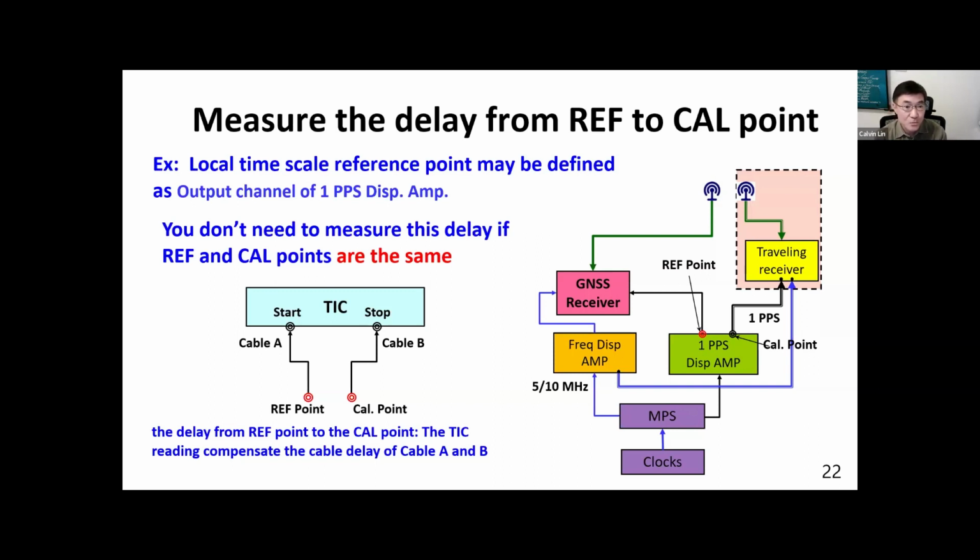It's also simple. You can connect cable A and cable B. So the delay from the reference point to the calibration point is the time interval counter reading compensated for the delay of cables A and B.